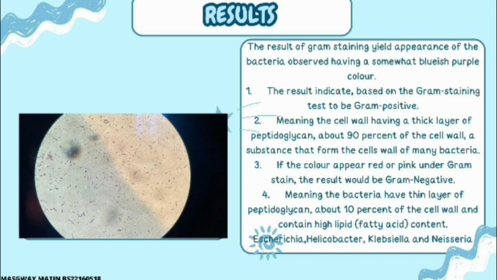If the color appears red or pink under the gram stain, the result will be gram negative, meaning the bacteria have a thin layer of peptidoglycan, about 10% of the cell wall, and contain high lipid and fatty acid content.